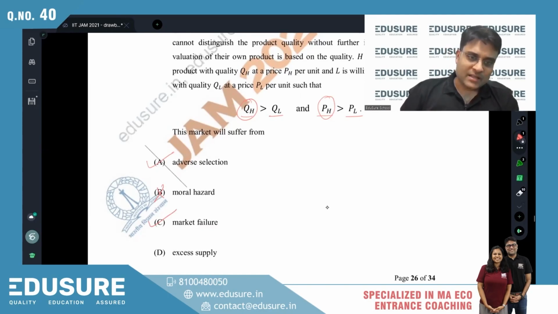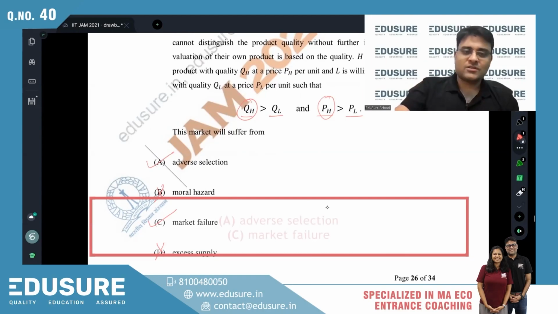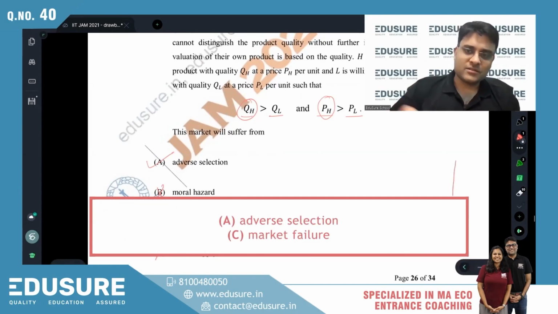Excess supply, this again may or may not happen. Excess supply will only happen if the lower quality product is being demanded at a much higher price. So then excess supply is a possibility, but otherwise not at all a possibility. So this is what I will get as my answer. So that's it. A and C is the answer.